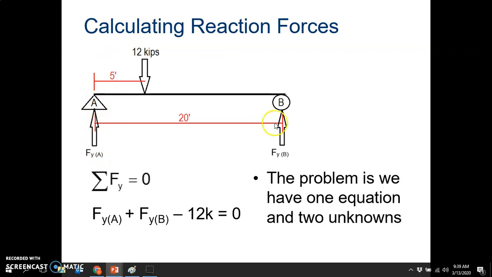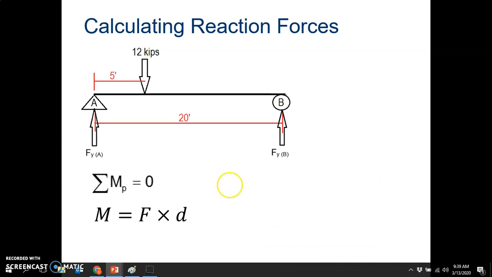We'll call this positive and this negative. So the reactionary force of A plus the reactionary force of B minus 12 is equal to 0. You might want to move this 12 over, and you probably will start doing that as a shortcut later. This plus this equals that. But we can't move any further, right? We have reactionary force of A plus reactionary force of B equals 12 kips. Can't solve that.